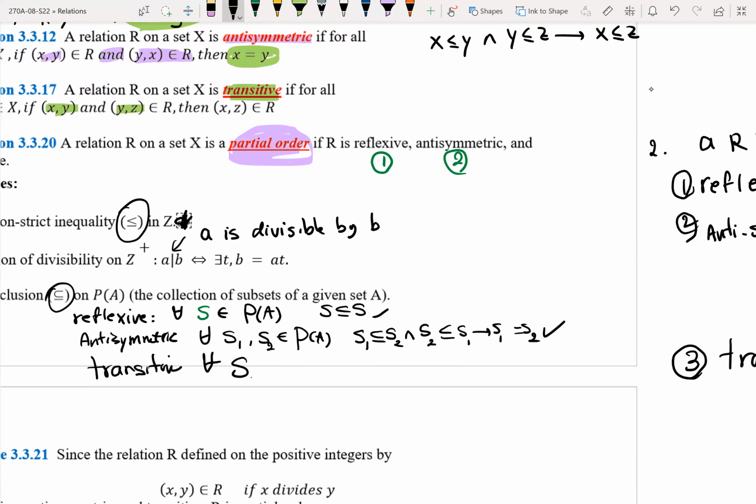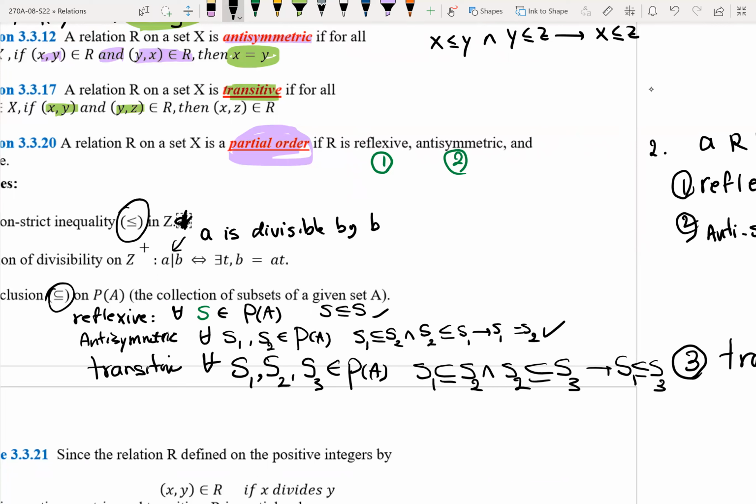For every S sub 1, S sub 2, and S sub 3 from the power set, the set of all subsets of A, if S sub 1 is a subset of S sub 2 and S sub 2 is a subset of S sub 3, then S sub 1 is a subset of S sub 3. So this is called transitive. Okay?